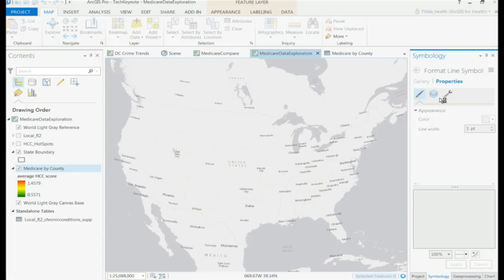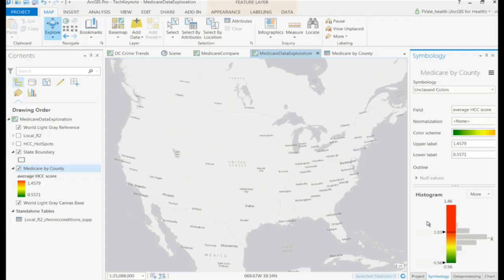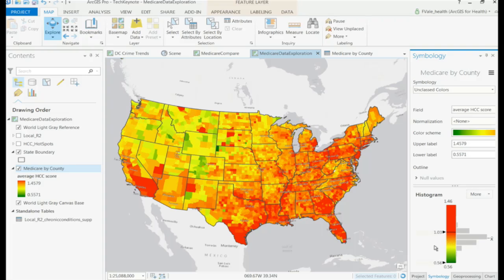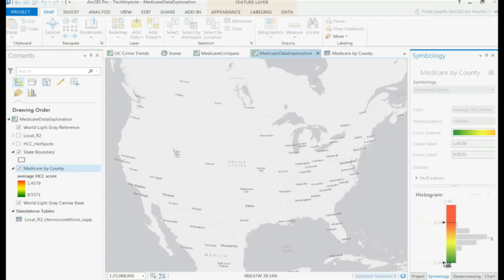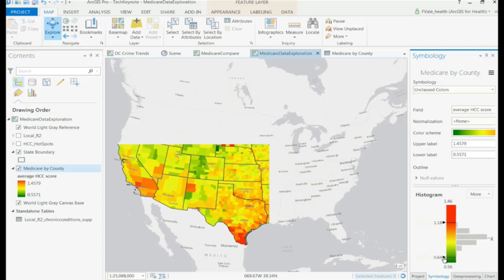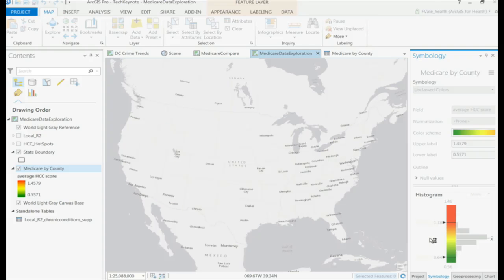And I can take a look here. Using the unclassed color render, I have a histogram looking at the distribution of these values, and I can interact with this while I explore my data. So I might want to account for some of these outliers and begin to see the spatial patterns emerge as I make changes in my classification scheme.